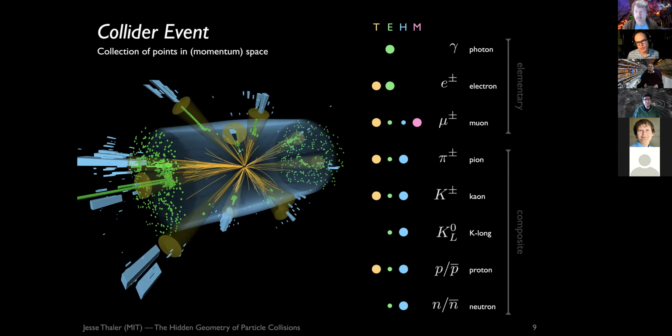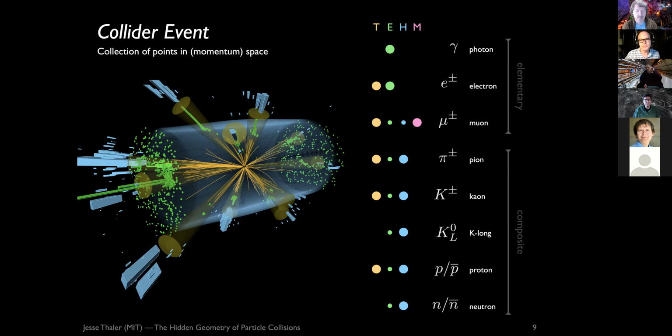So here I'm ignoring impact parameters. I'm ignoring the complications of trying to do particle identification. And I'm just saying the trajectories that are coming from the central collision point coming out, they have a px, a py, a pz, and an energy. And collections of points in momentum space, where that collection could be variable length. This is the fundamental data structure that we want to interpret when we are doing collider data analysis.